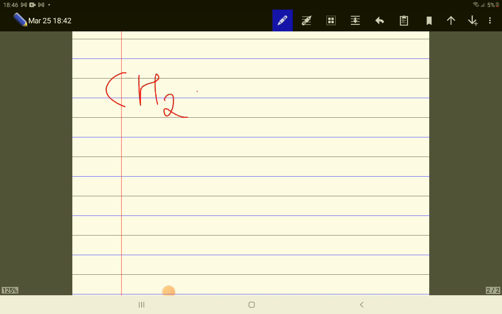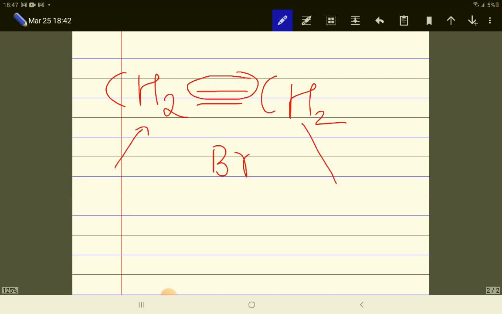We have our CH2, we have our bromonium ion, and now when it comes in contact with this CH2, one of these pi electrons, which belong to both this CH2 as well as this CH2, shifts. That is, the 2 electrons of one of the pi bonds shift from there to bromine.